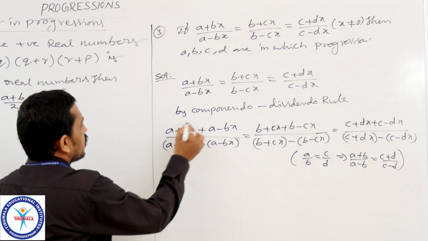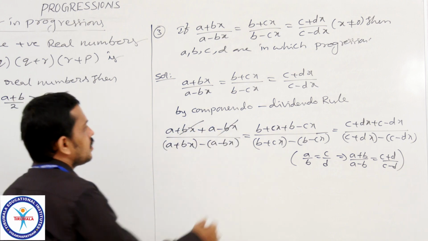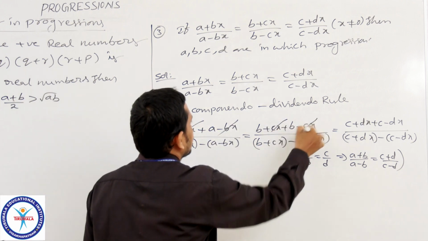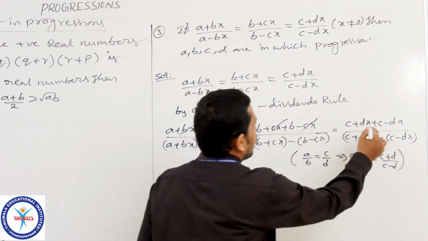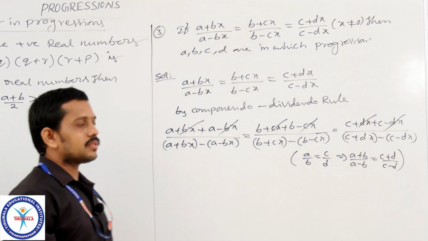So here +bx and -bx cancel, +cx and -cx cancel, +dx and -dx cancel.